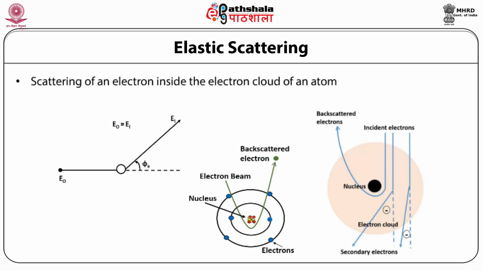The probability of elastic scattering increases strongly and varies as the square of the atomic number, Z squared. Also, since the heavier atoms have a much stronger positive charge at the nucleus, the probability of elastic scattering generally depends on the electron energy as 1 by E squared.